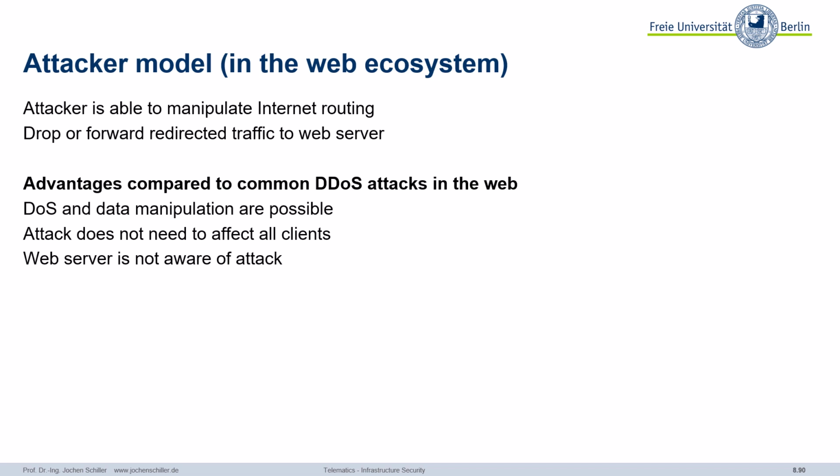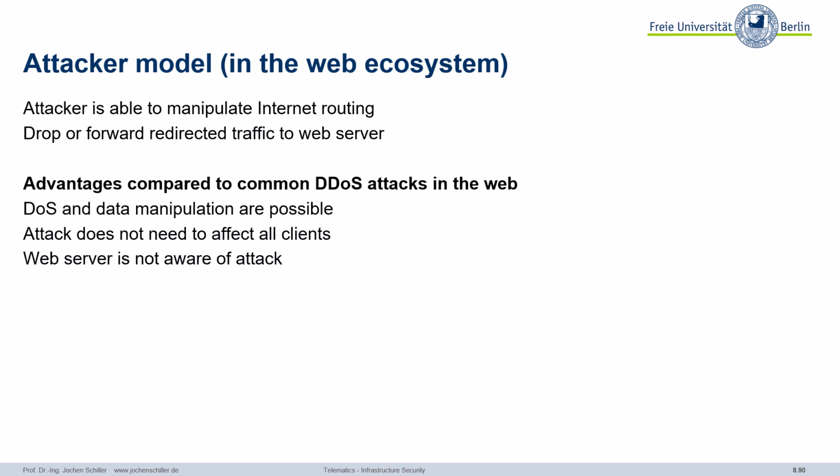So in the end, if an attacker knows, and this is typically the case, that the pages themselves are protected by TLS, then you can try attacking the path, the way of the data towards the server. So you can perform denial of service attacks.